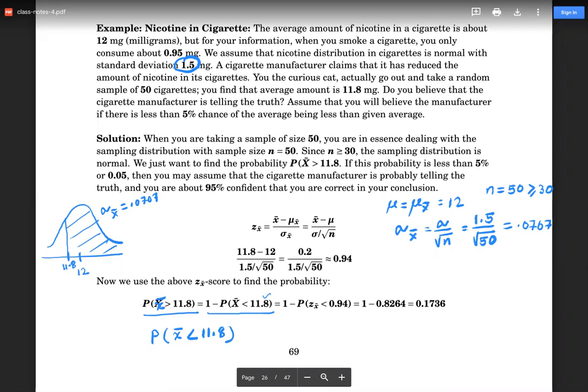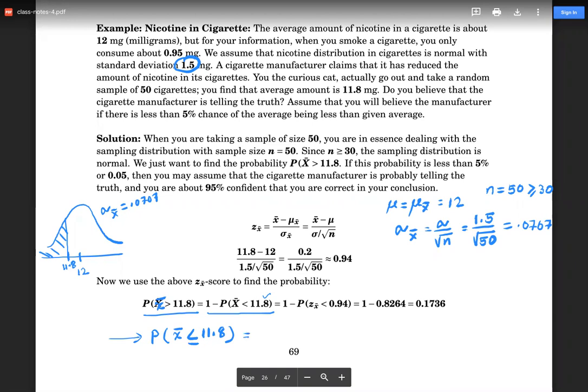What are the chances that it is going to be less than? We are looking for this area, not the other area. That means if they haven't done a single thing, what are the chances that it is going to be less than or equal to 11.8? So that's what we are trying to find.